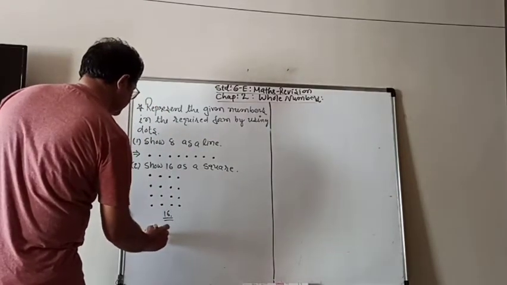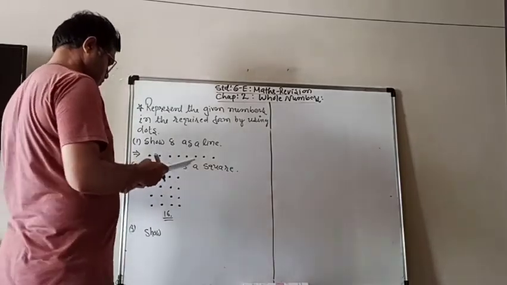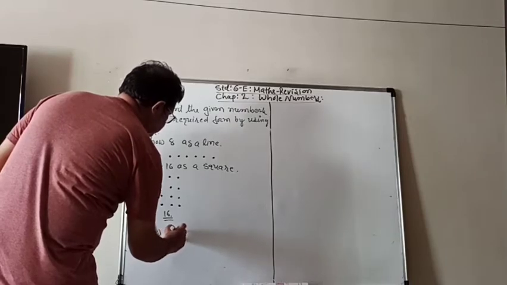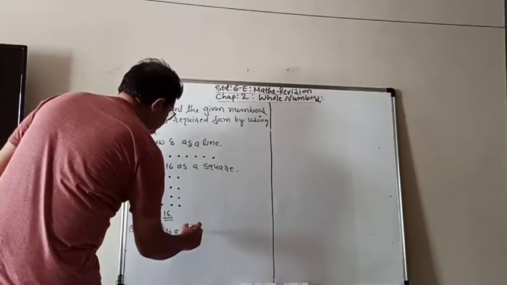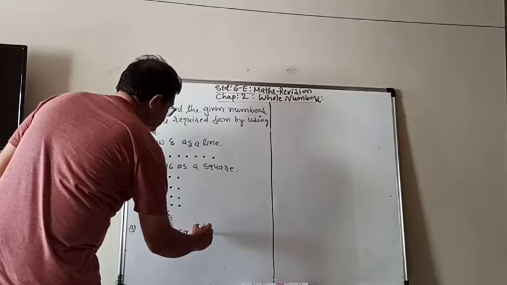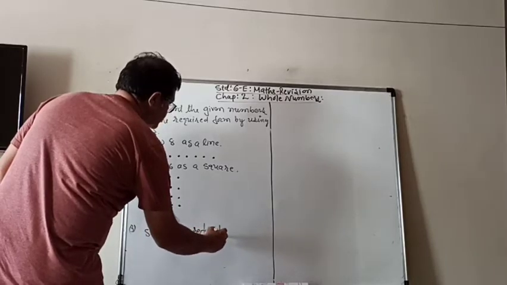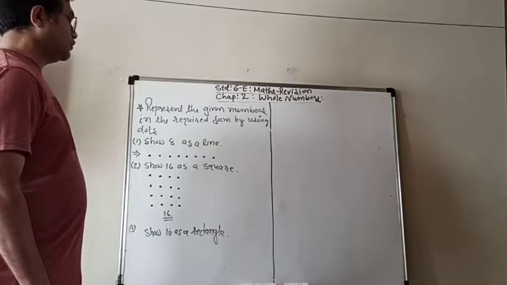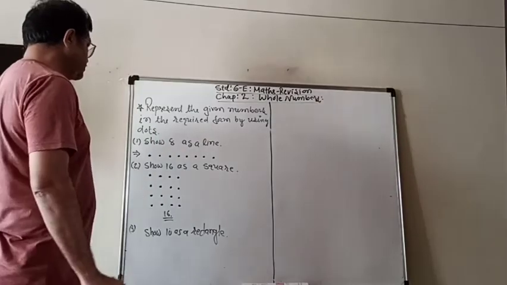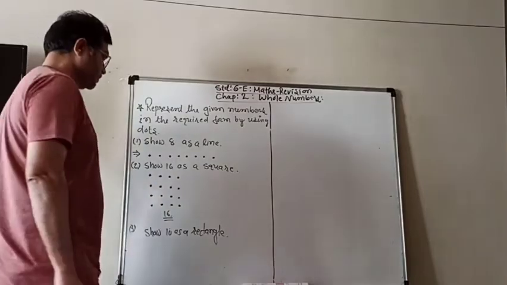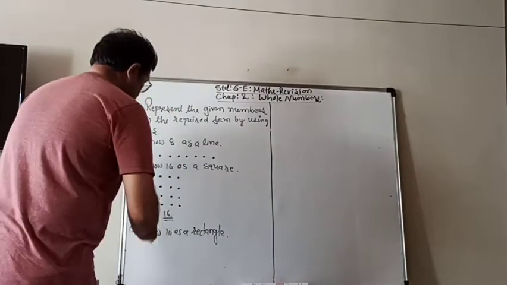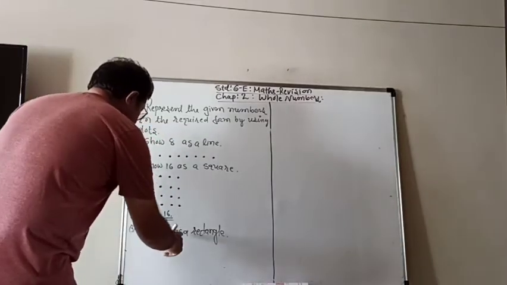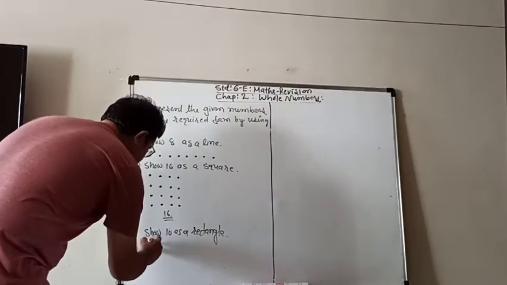So 10 as a rectangle. Now 10 we can represent two ways as a rectangle, vertical or horizontal. So 10 is a rectangle.